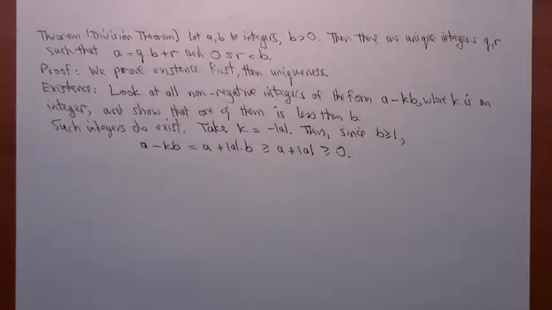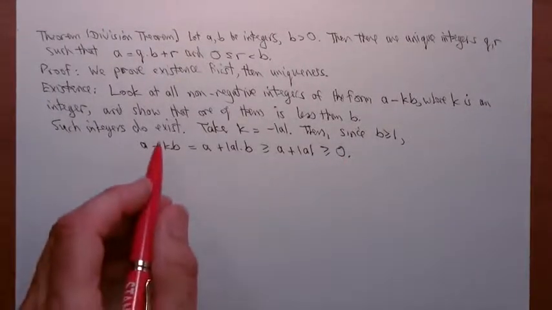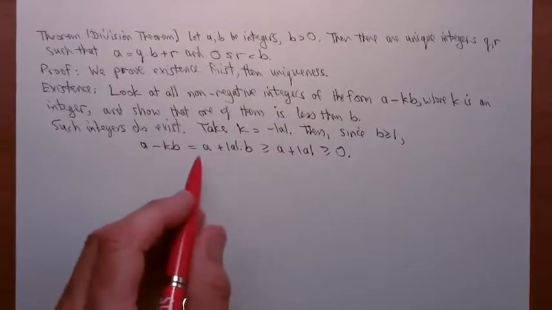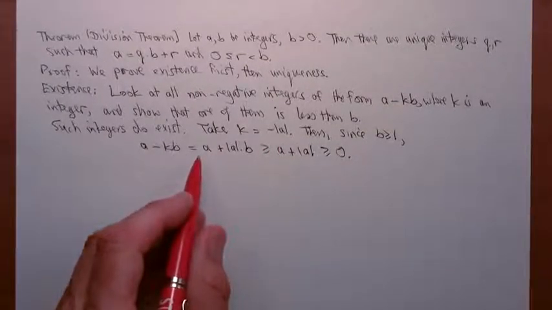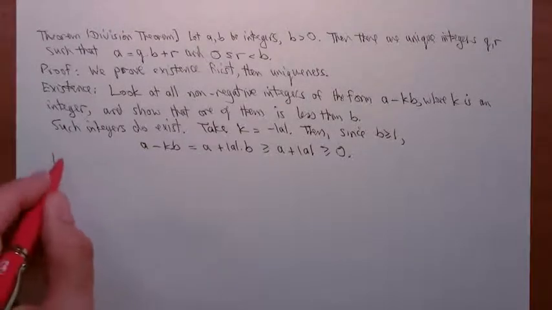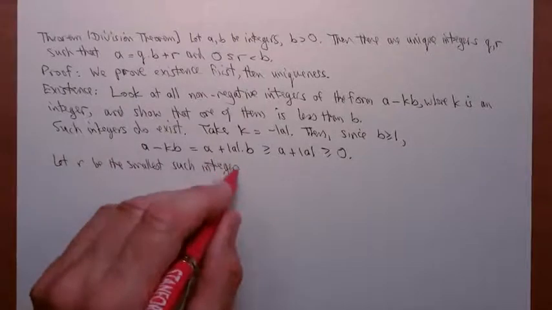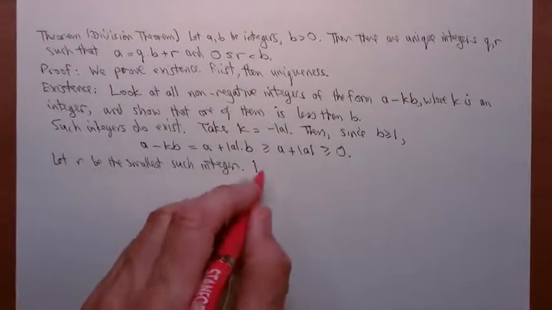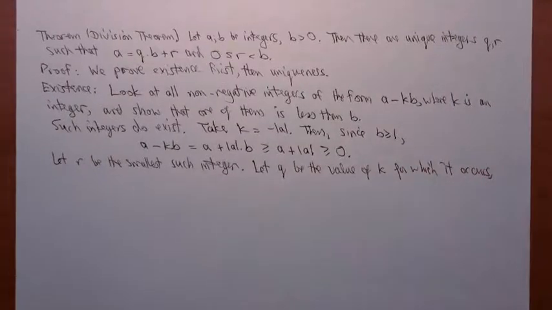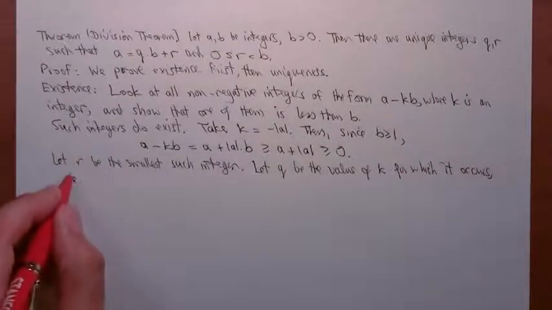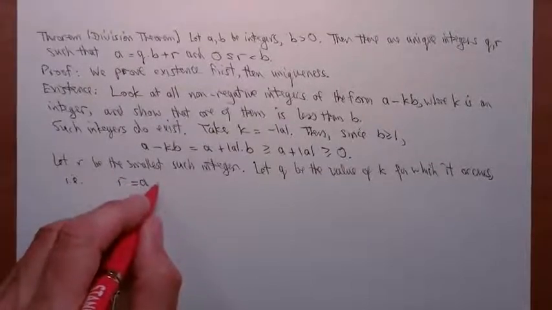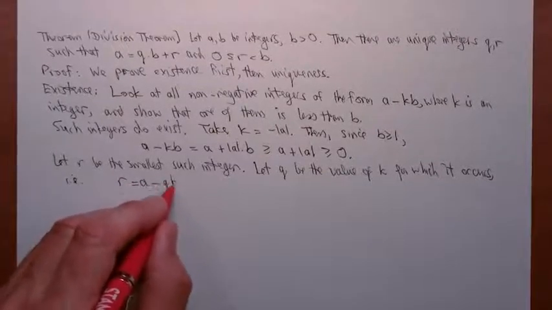Well, having shown that there are such integers by producing a k that gives me such an integer, I can choose the smallest one. Let r be the smallest such integer, and let q be the value of k for which it occurs, i.e. we'll have r equals a minus qb.